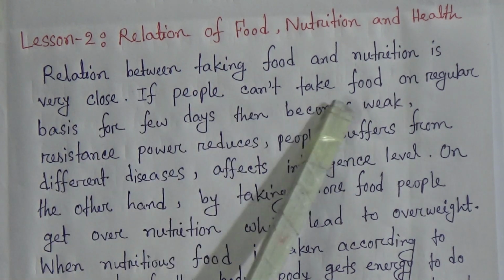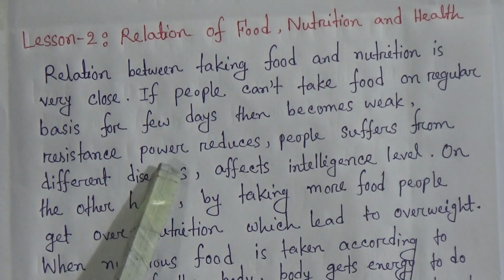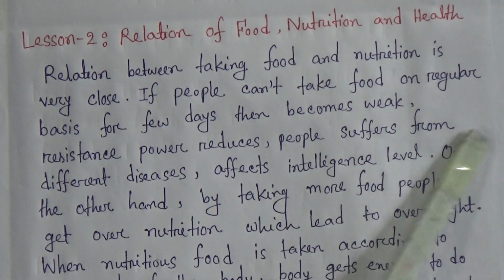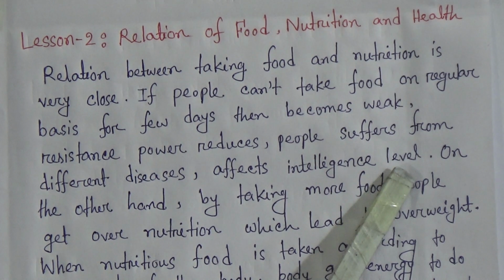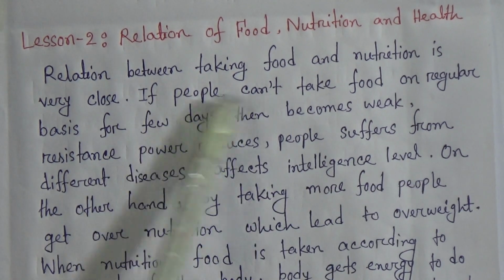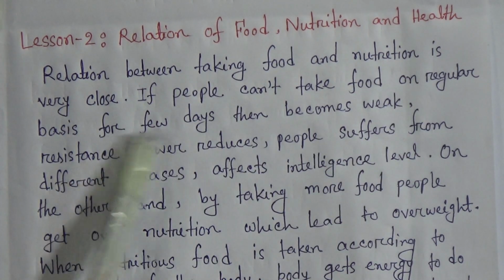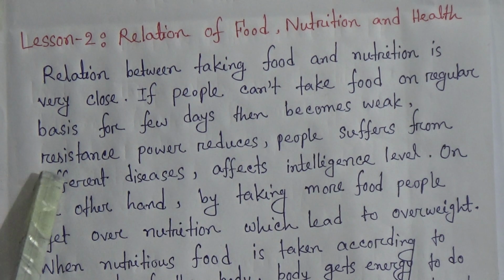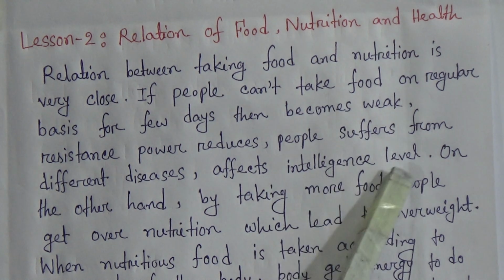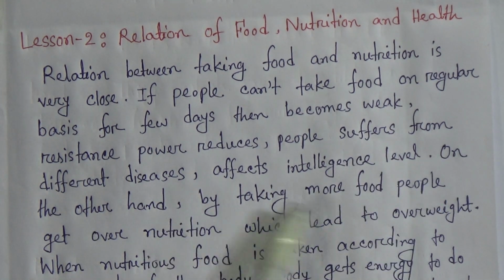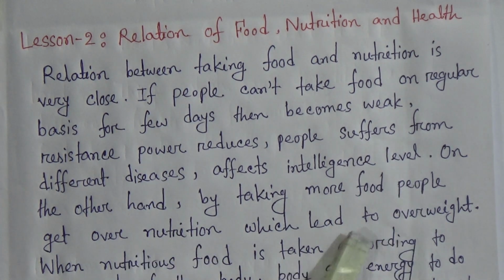If people cannot take food on a regular basis for a few days, they become weak, resistance power reduces, people suffer from different diseases, and the intelligence level is affected. On the other hand, by taking more food, people get over-nutrition which leads to overweight.